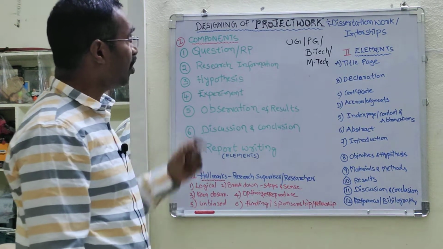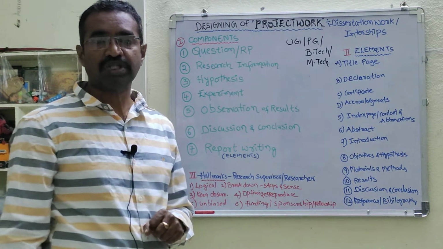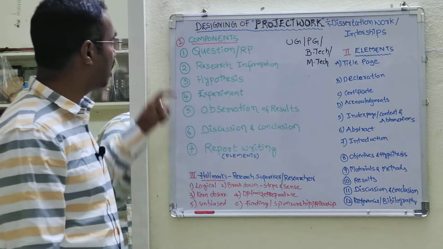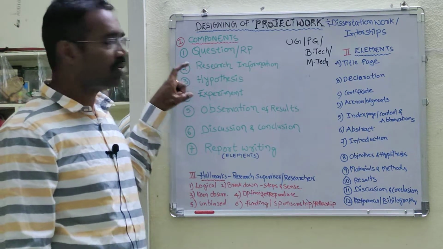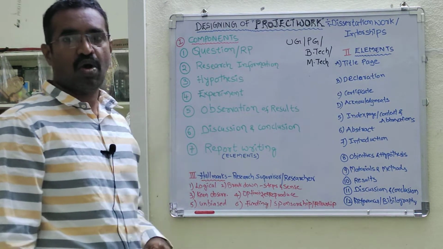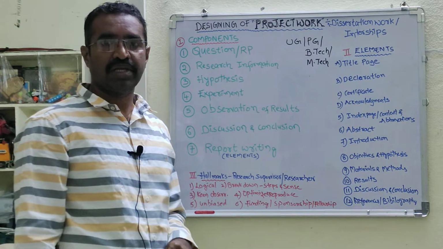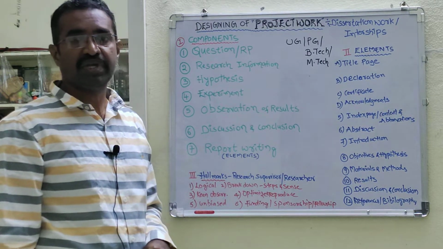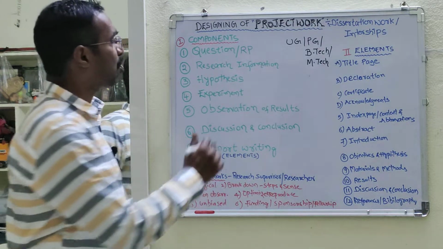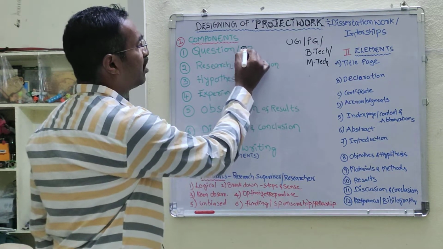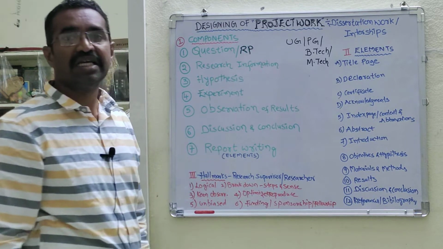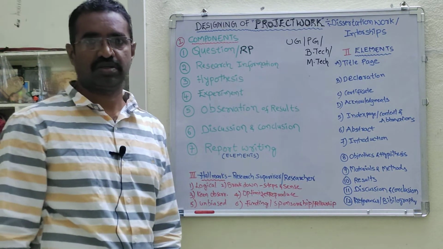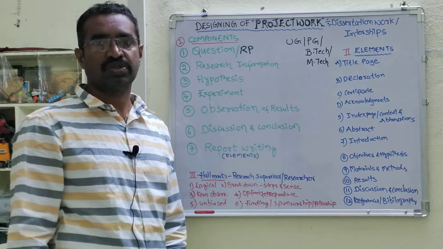If you see, project work has several components when designing it. The first component is identification of a research problem, or having a good research question.